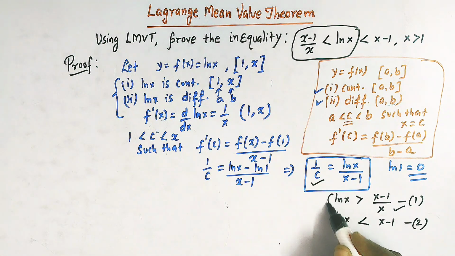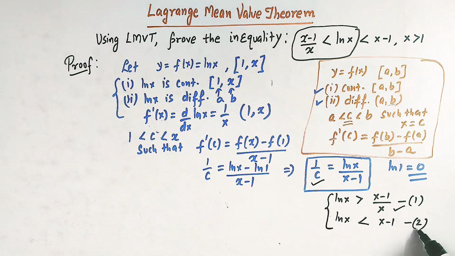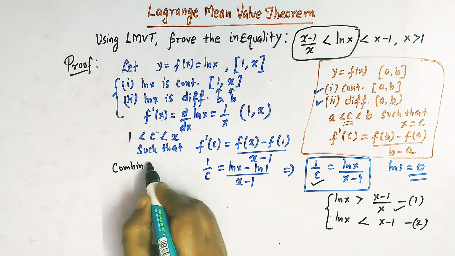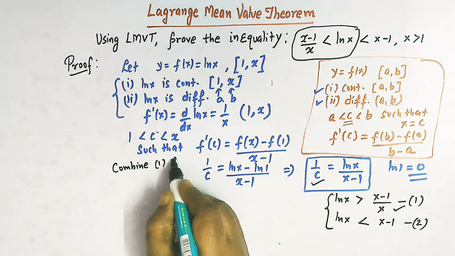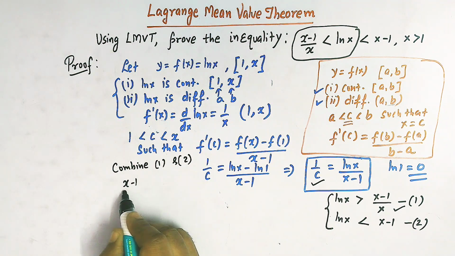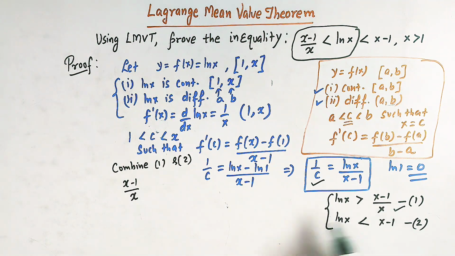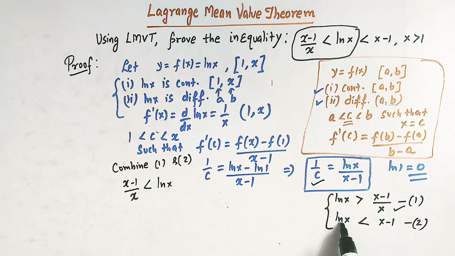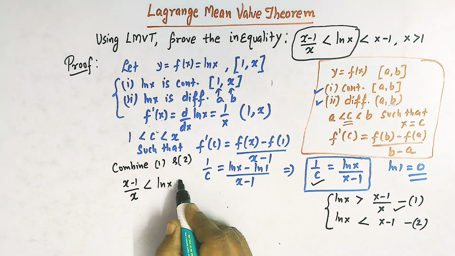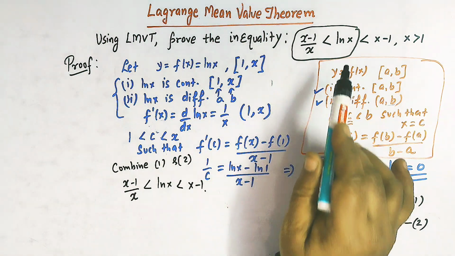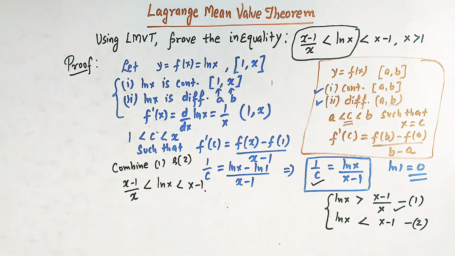So viewers, we have now these two inequalities. Now if we combine 1 and 2, what we get is (x minus 1) over x is less than log of x, and log of x is further less than x minus 1. And this is our desired inequality.